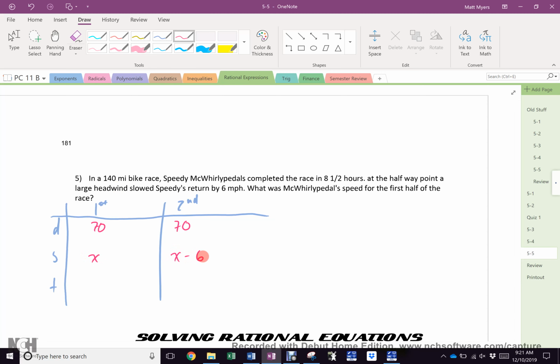Now, how long does it take him to complete the race? 8.5 hours. How long did it take him to do the first half? 70 over x. How long did it take him to do the second half? What's our equation that we must now solve?